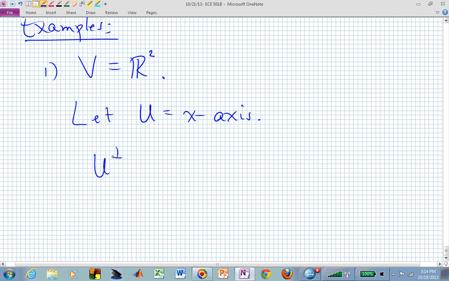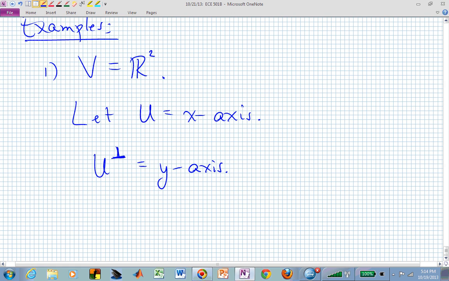What's U perp? The orthogonal complement to the x-axis in the plane is actually the y-axis, isn't it?